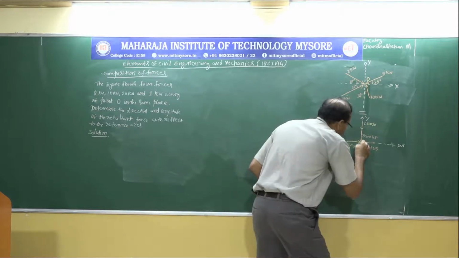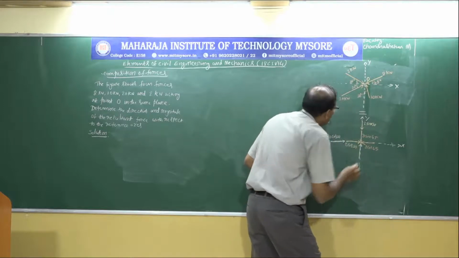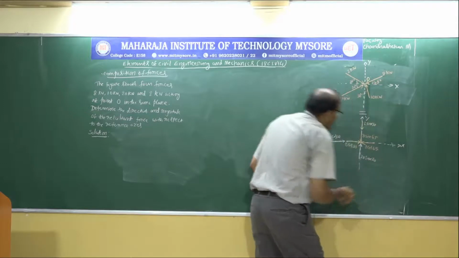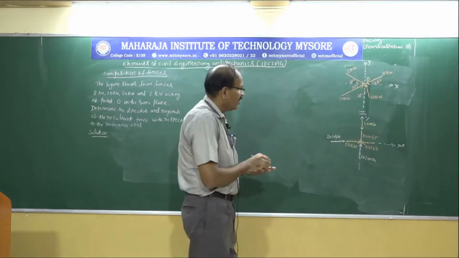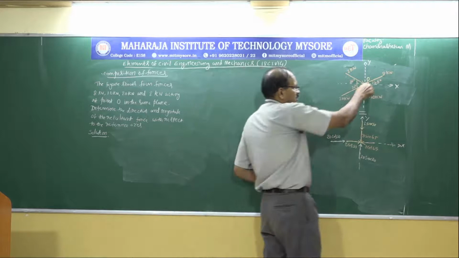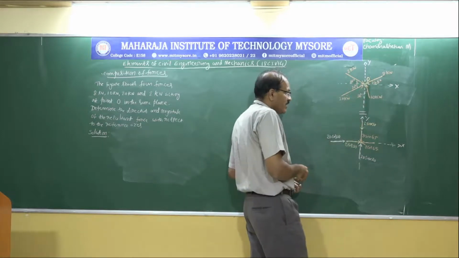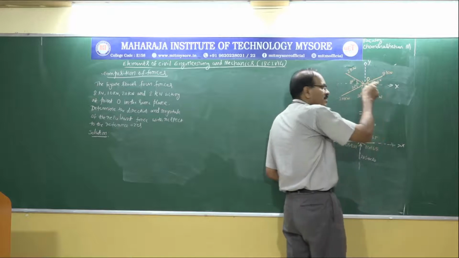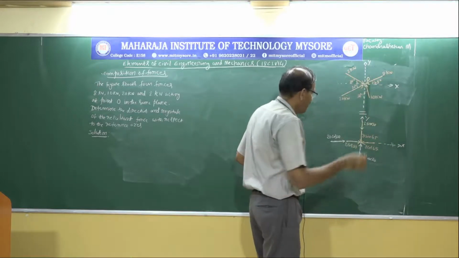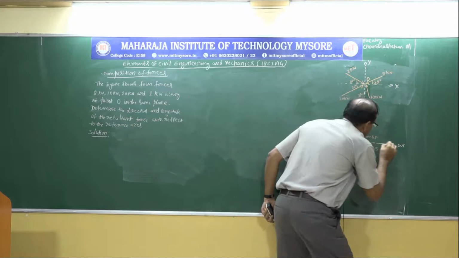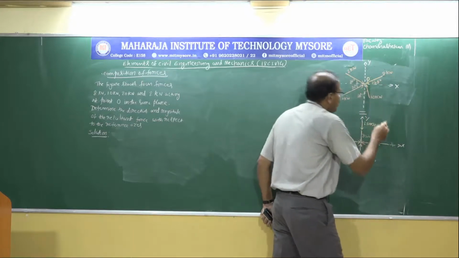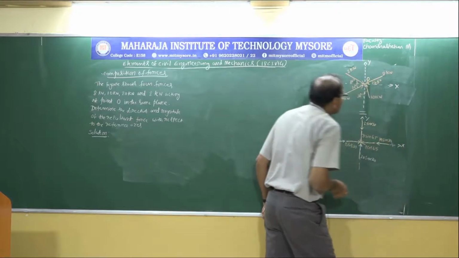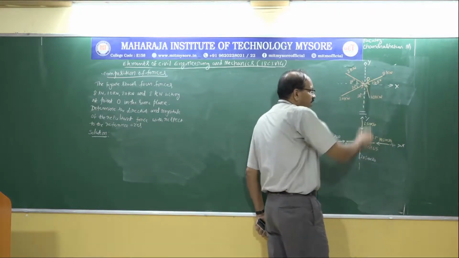And the vertical component is 20 sin 30. Coming to this force, what is the horizontal component? The horizontal component is 10 sin 30 acting towards left, that is 10 sin 30, and what is the vertical component?